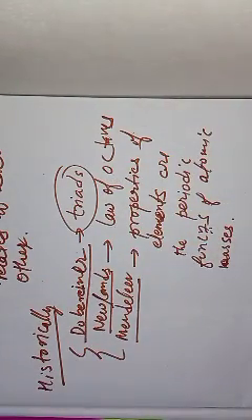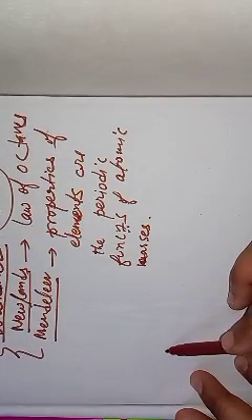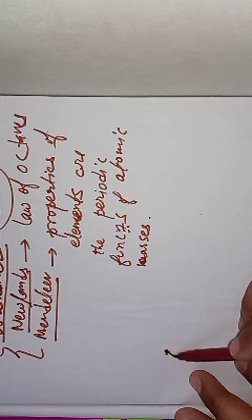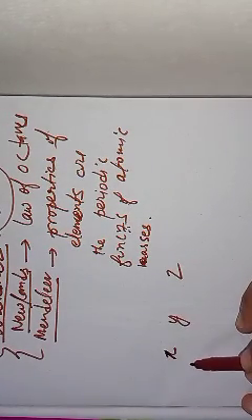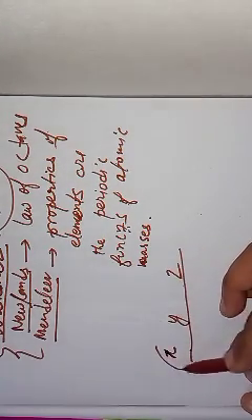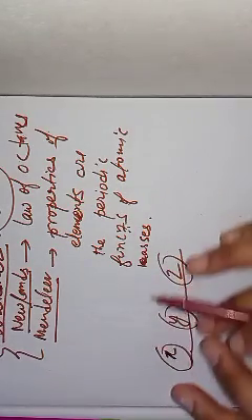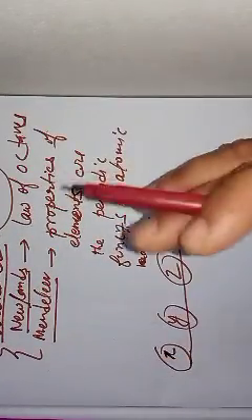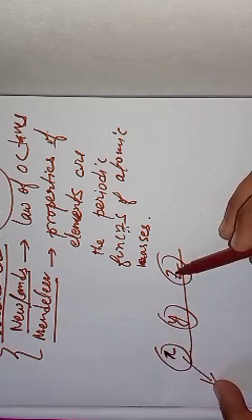Dobereiner proposed the rule of triads, in which he took 3 elements. Suppose X, Y and Z, and he arranged the elements like this: X, Y, Z. I'm not naming the elements. Let us suppose X is an element, Y is an element, Z is an element. According to Dobereiner, he arranged the elements likewise.